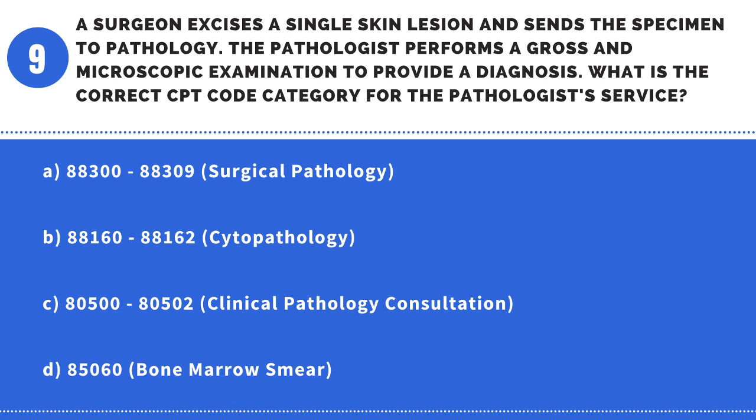Question 9. A surgeon excises a single skin lesion and sends the specimen to pathology. The pathologist performs a gross and microscopic examination to provide a diagnosis. What is the correct CPT code category for the pathologist service? A. 88300 to 88309, surgical pathology.